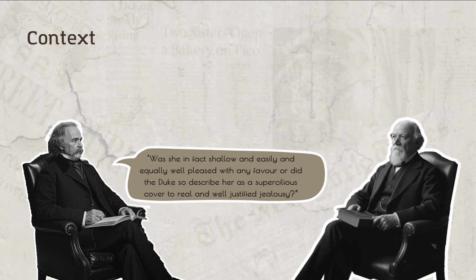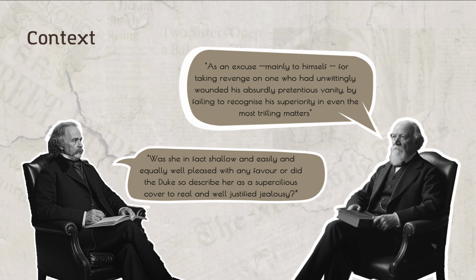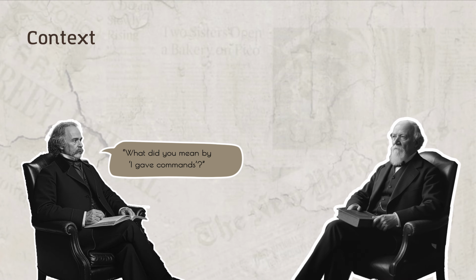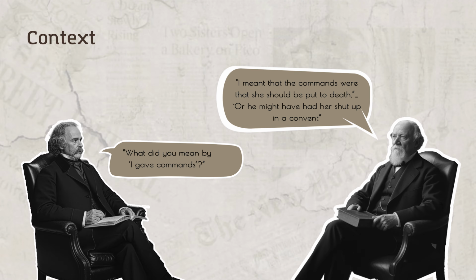And Browning replies, "As an excuse, mainly to himself, for taking revenge on one who had unwittingly wounded his absurdly pretentious vanity by failing to recognize his superiority in even the most trifling matters." He was then asked, "What did you mean by 'I gave commands'?" And Browning cryptically replies, "I meant that the commands were that she should be put to death, or he might have had her shut up in a convent."